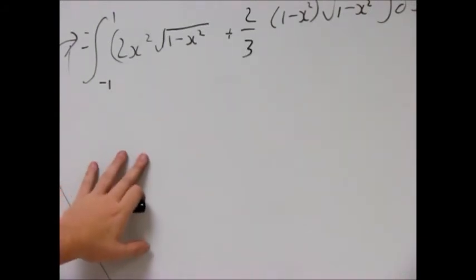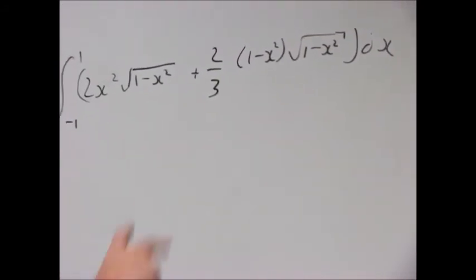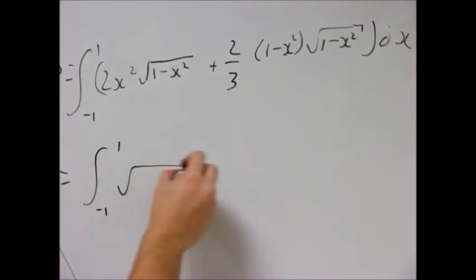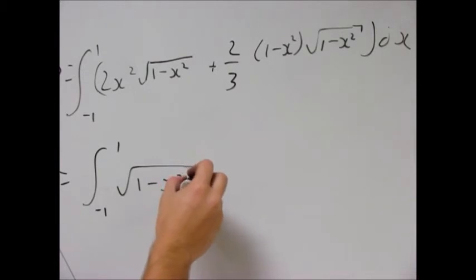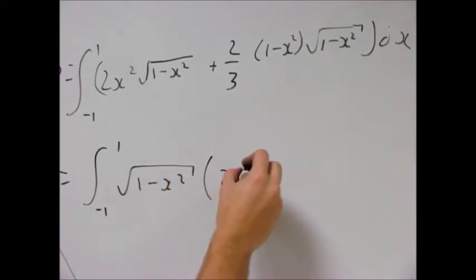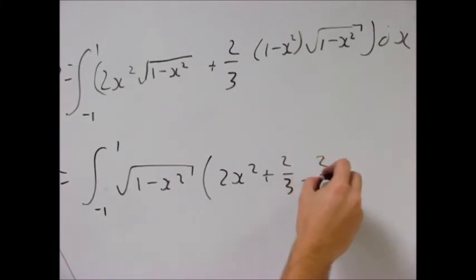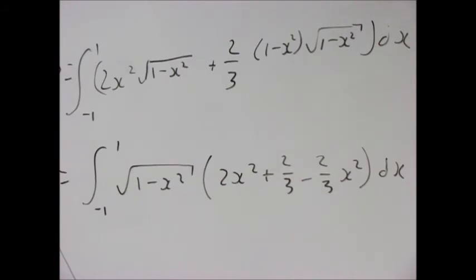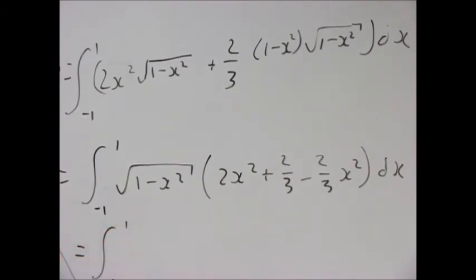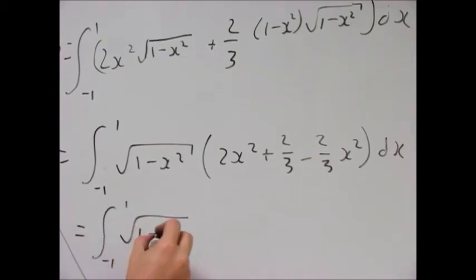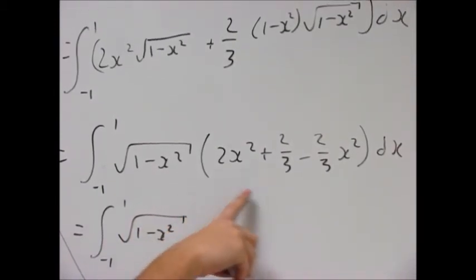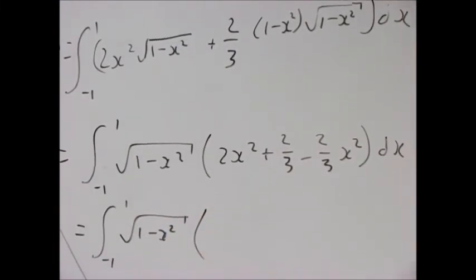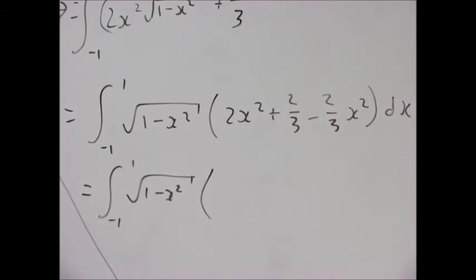And we can simplify this a little bit more, maybe factor out the square root of 1 minus x squared. Minus 2/3 x squared, how many x squared? So that should be about 4/3. Right.